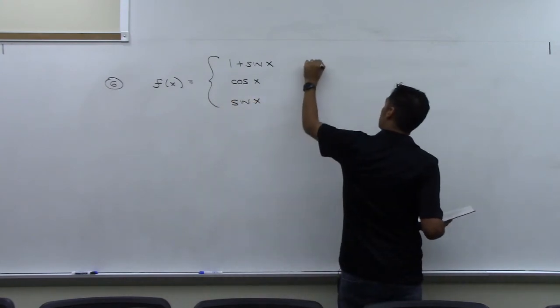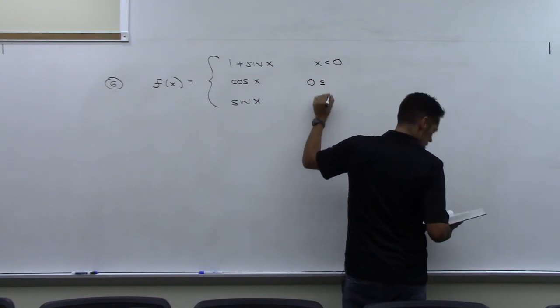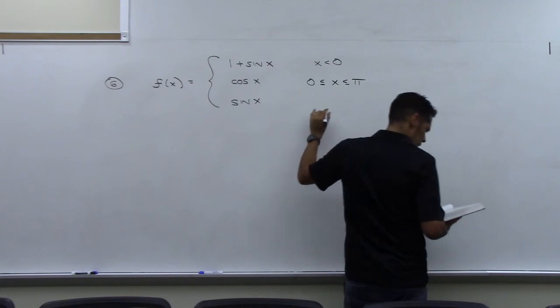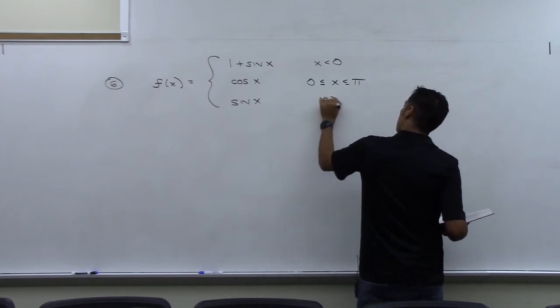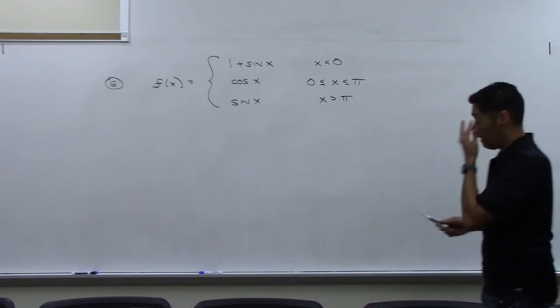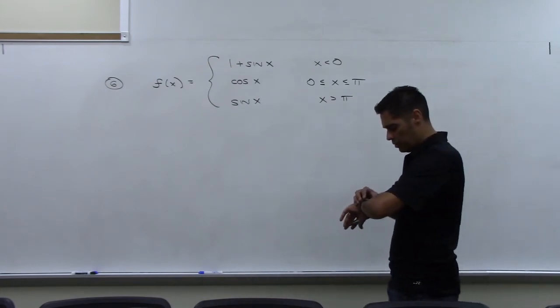We do this if x is less than 0. We do this one between 0 and pi, and then x greater than pi. There we go. All right, I'm going to draw a picture and then we'll answer some questions.